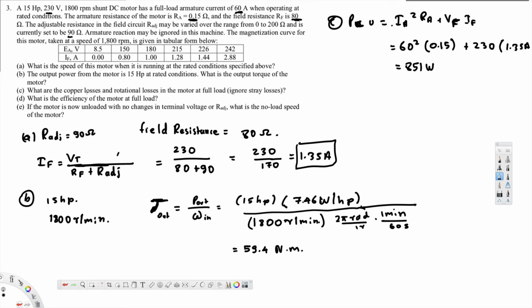Now the next thing is we have to find out the rotational losses. To find out the rotational losses, we have to find out the power that is converted from electrical to mechanical first. To calculate that one, we use this formula: EA times IA. EA, what is EA?